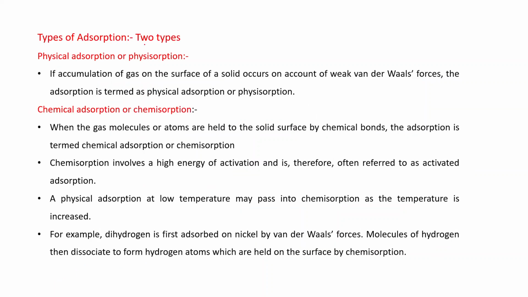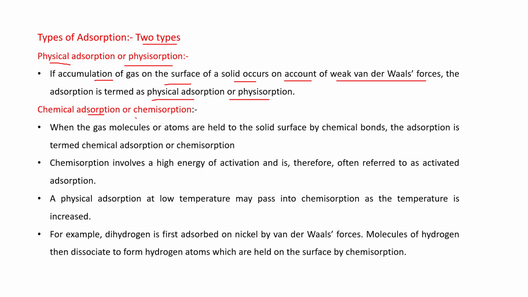Types of adsorption. There are two types of adsorption: physical adsorption or physisorption. If accumulation of gas on the surface of a solid occurs on account of weak van der Waals forces, the adsorption is termed as physical adsorption or physisorption.